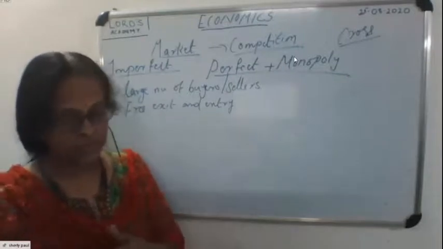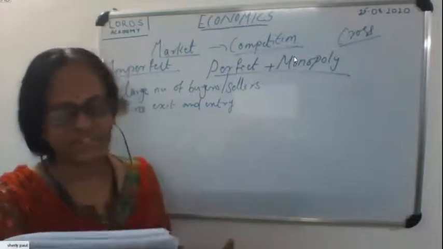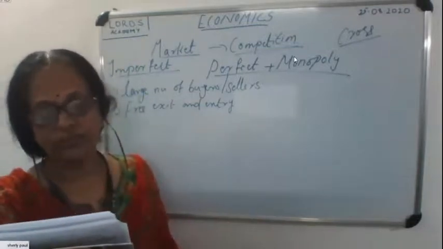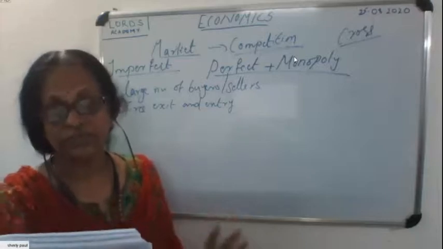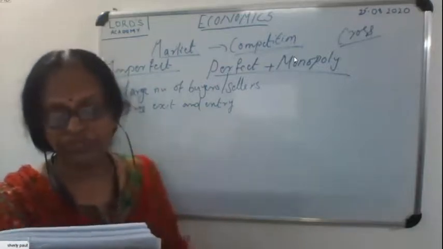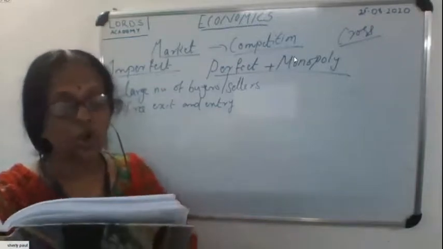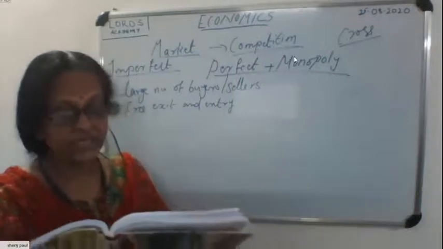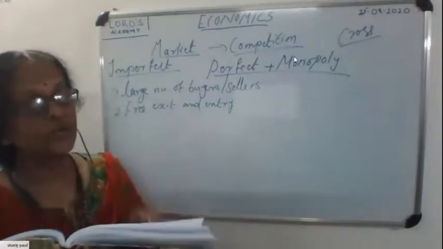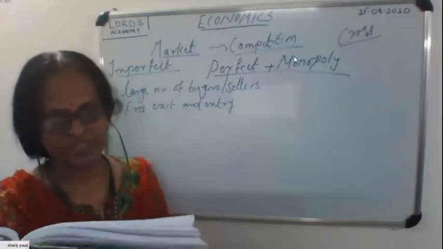When we see free entry and exit in perfect competition, there is no restriction upon the entry of a new firm in the market or the exit of an existing firm. That is the characteristic of perfect competition. This means that the market is open to competition from new suppliers. But here they are saying relatively free to enter and exit. That is, there are some restrictions, we can say.